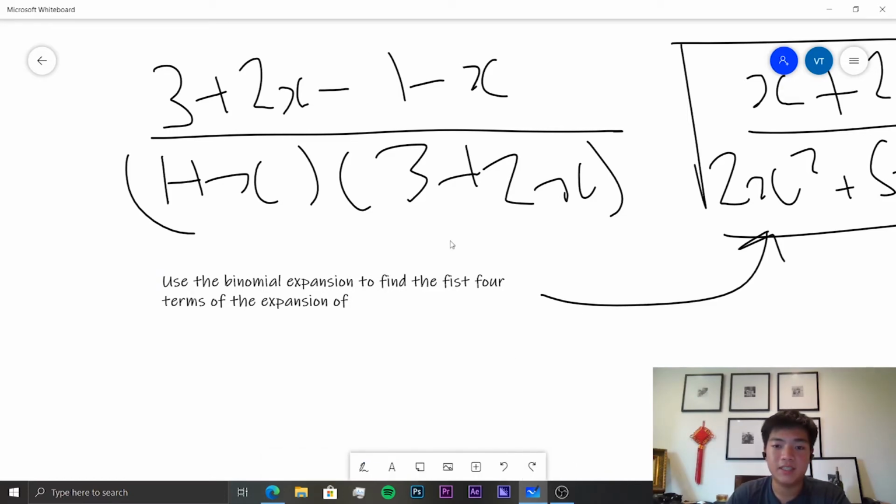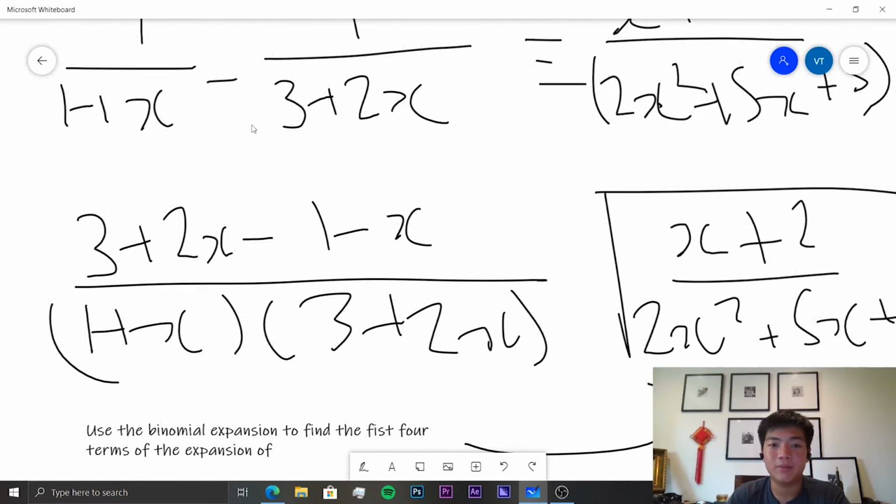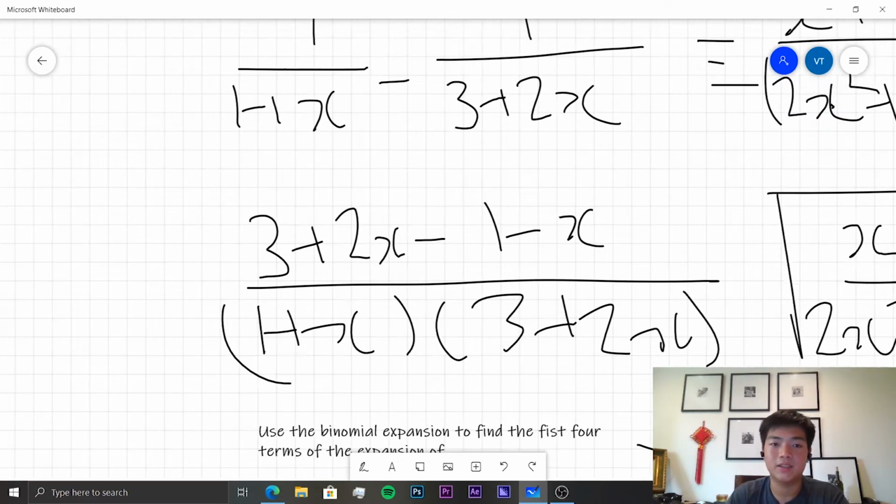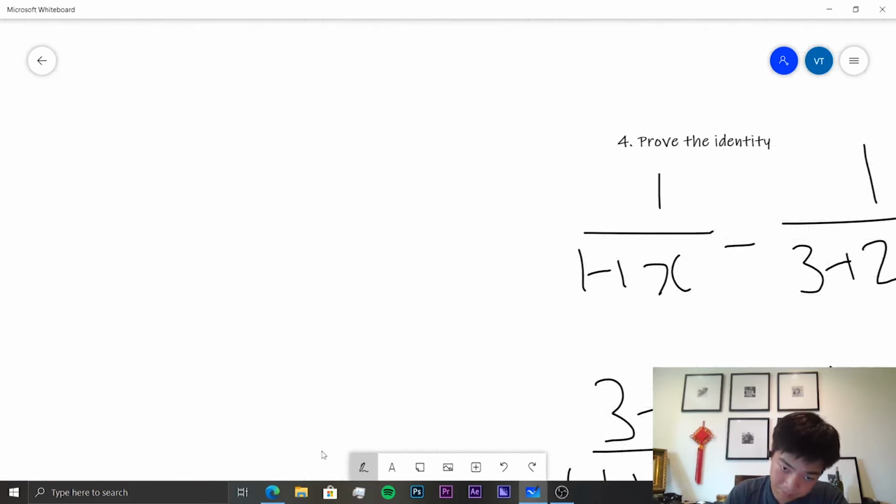And what we need to do is expand these 2 terms to get the expansion of this over here. So let's expand them over here.